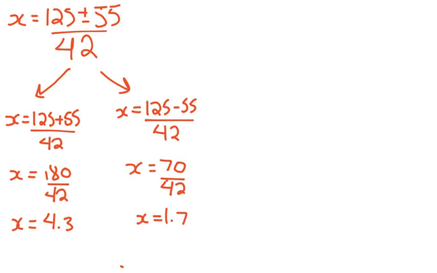So looking back at the solutions we got, 4.3 doesn't make any sense. We cannot lose 4.3 moles per liter of hydrogen. So that one will get rejected on the basis that it doesn't fit the question. Yes, the math works out. Yes, we get a perfectly decent answer, but in terms of the actual constraints of the question, it does not fit.